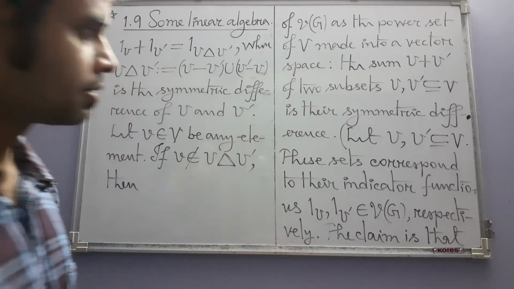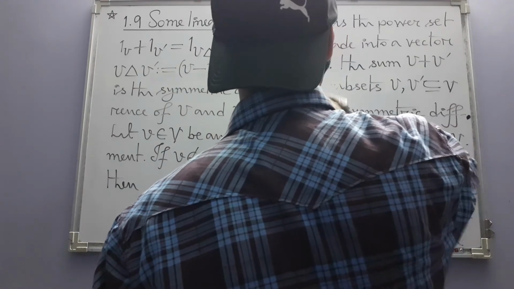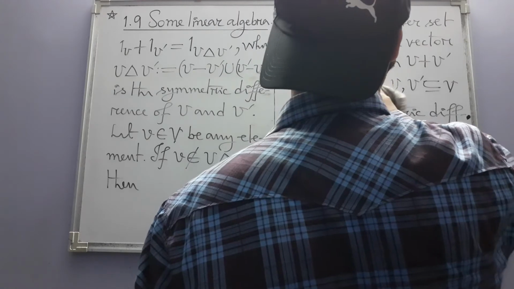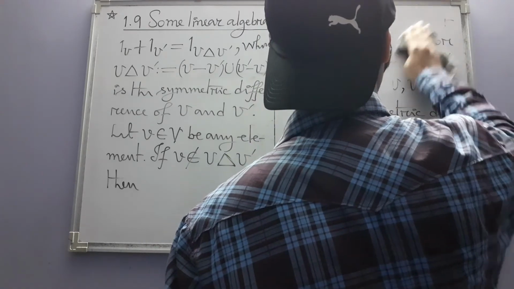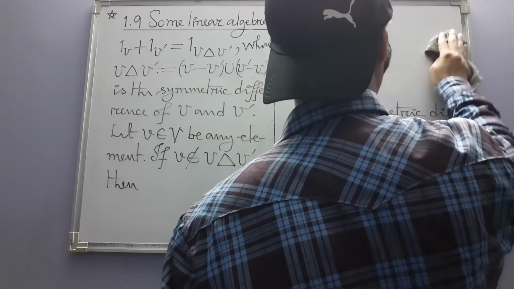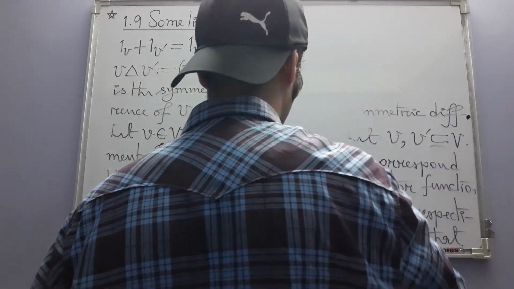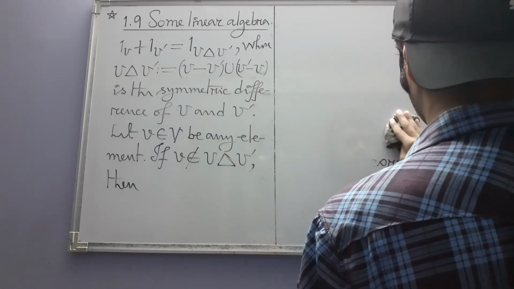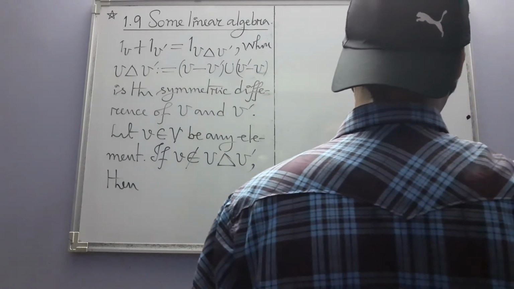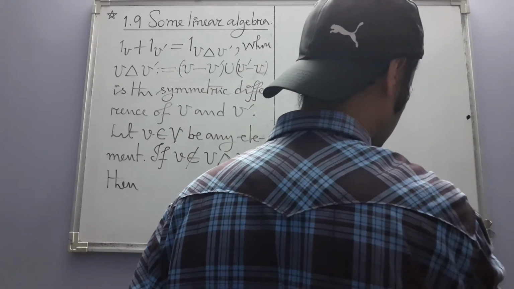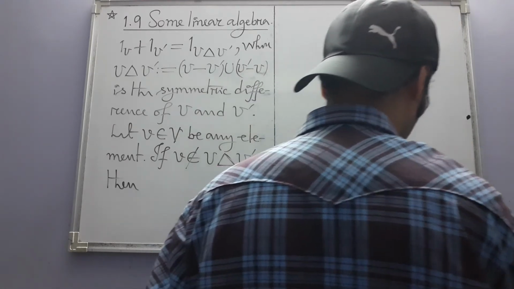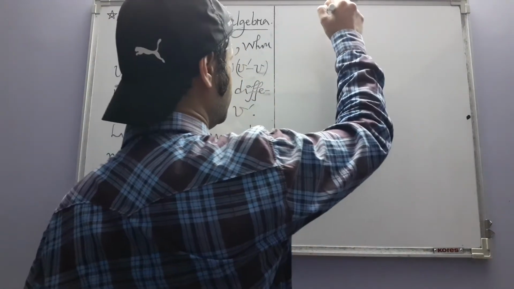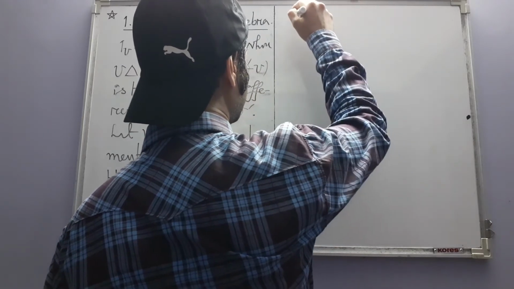To make things easy for us, let us draw the symmetric difference. So the symmetric difference of u and u prime, see, the situation is like this.